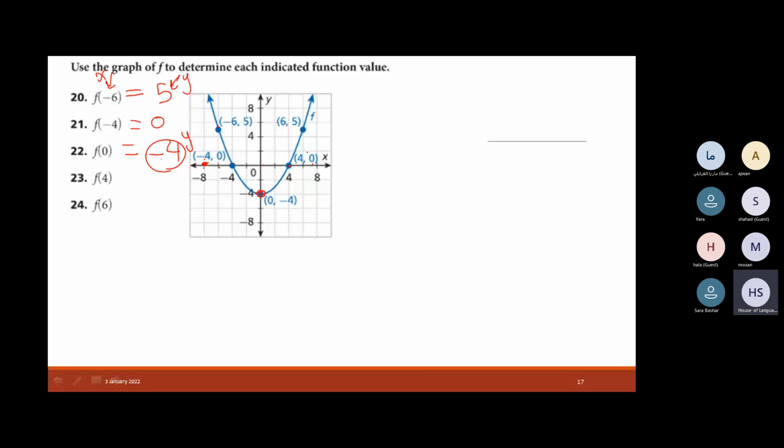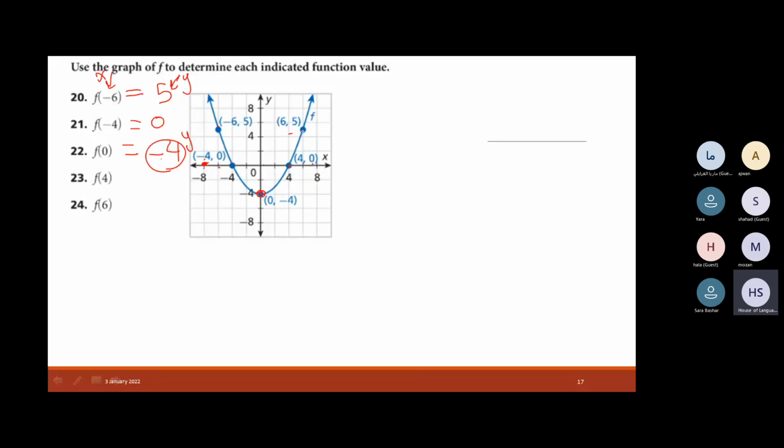That's the 4. This point 4. Where does it intersect the y axis? Here is 4.